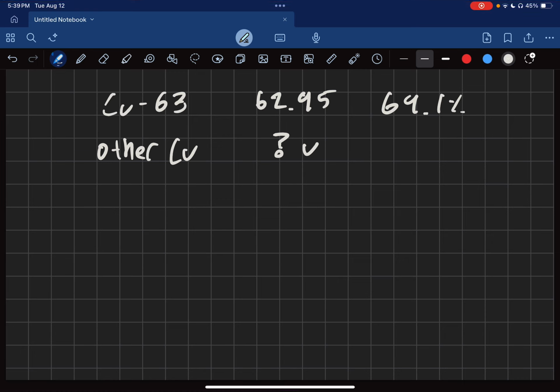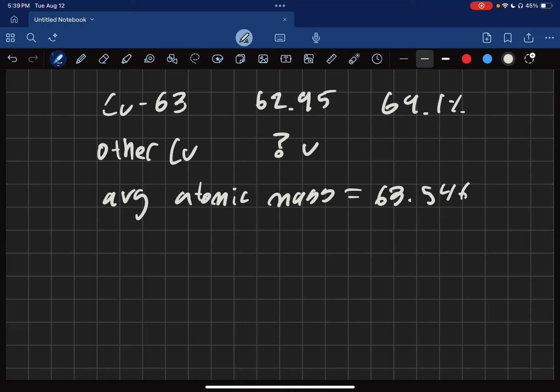Find the mass of this other isotope if the average atomic mass is equal to 63.546. You want to know how heavy the other isotope of copper is if the average atomic mass is 63.546.